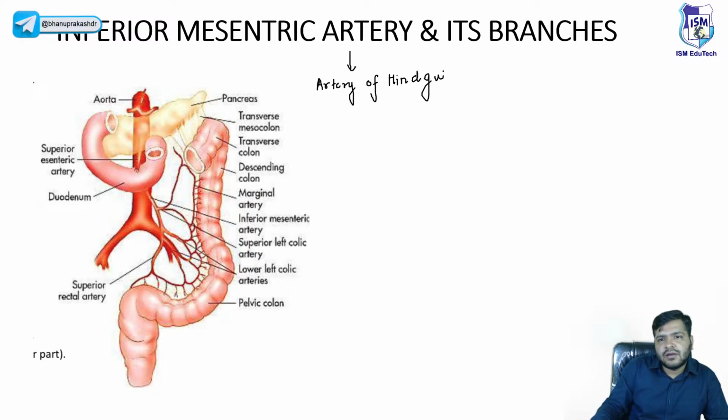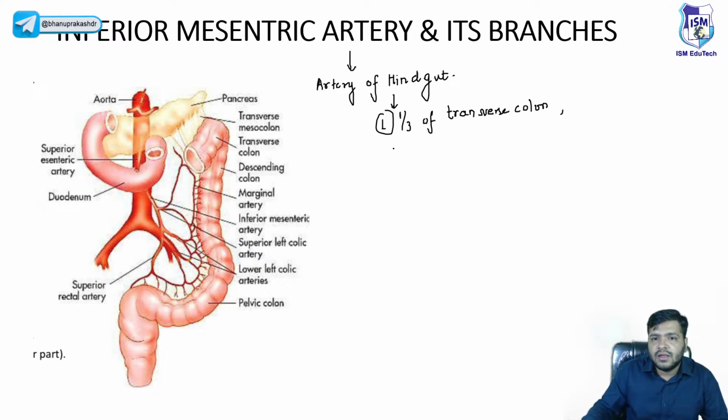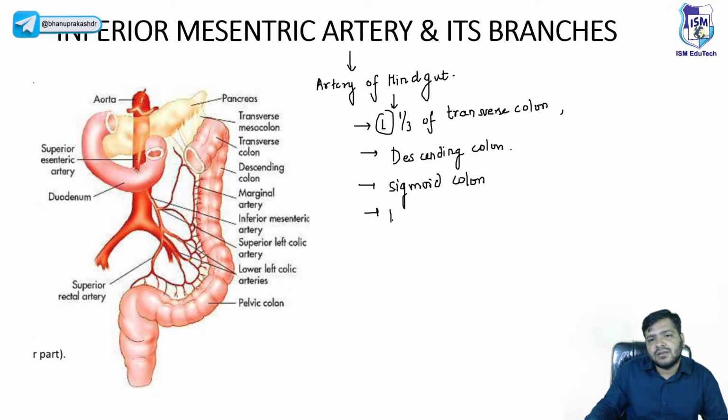When I say hind gut, beta, I'm talking about the left one third of the transverse colon, then the descending colon, the sigmoid colon and a portion of the rectum.